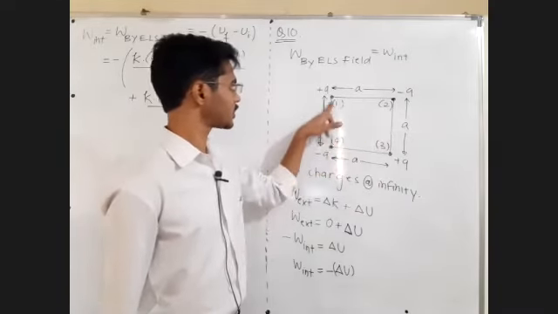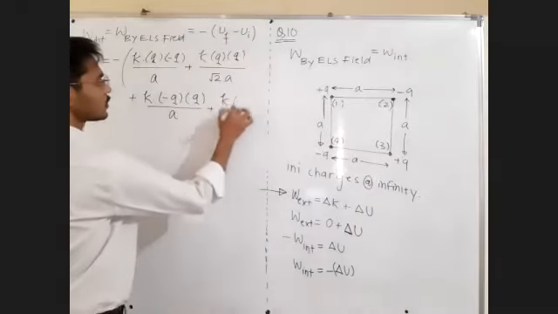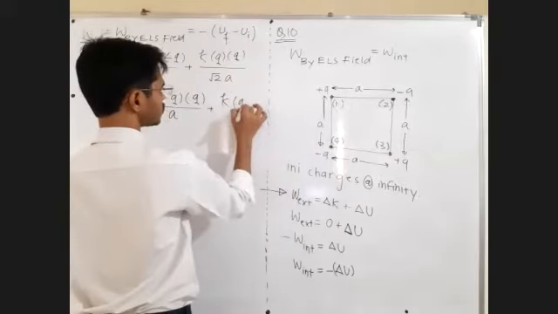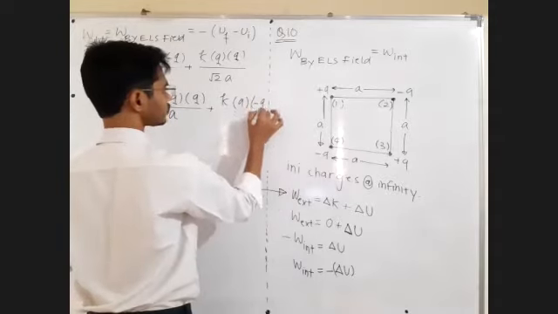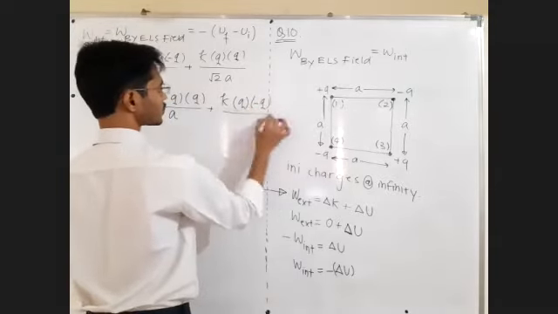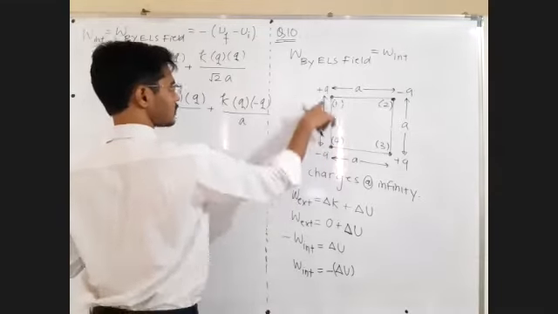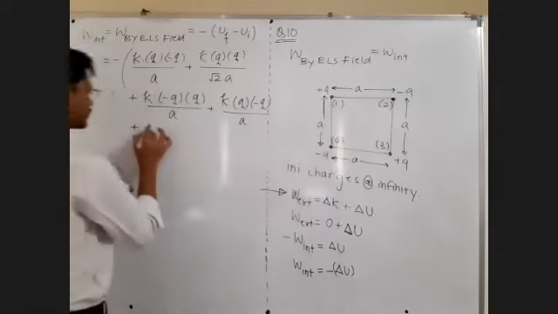So the 4th charge interacting with 1, that interaction energy is K Q1 Q4 upon R14. Q1 is Q, Q4 is minus Q, upon R14. Distance between 1 and 4 is a. So the 4th has been brought in the field of the first, plus the 4th in the field of the second.